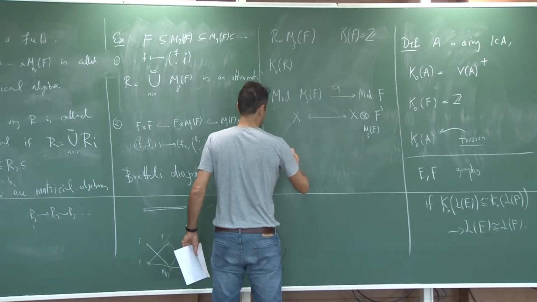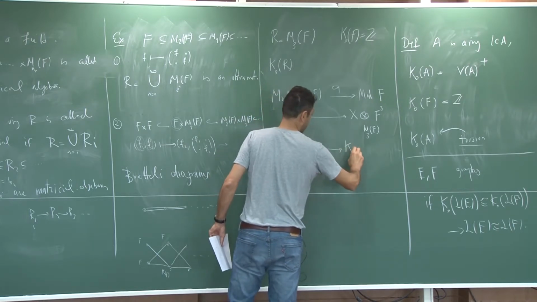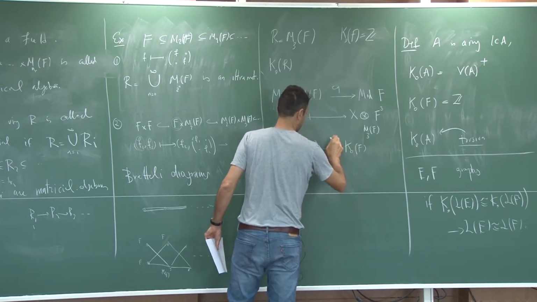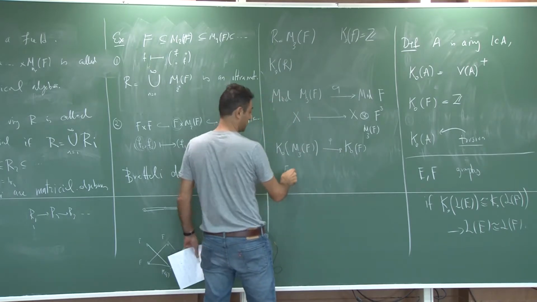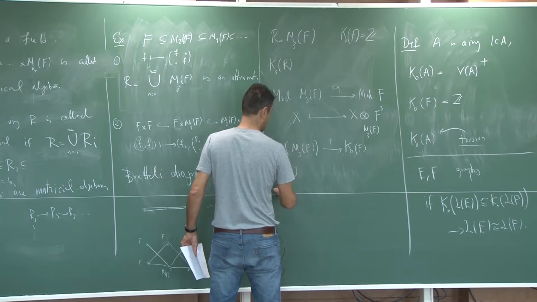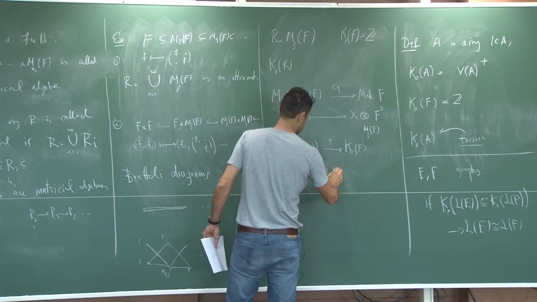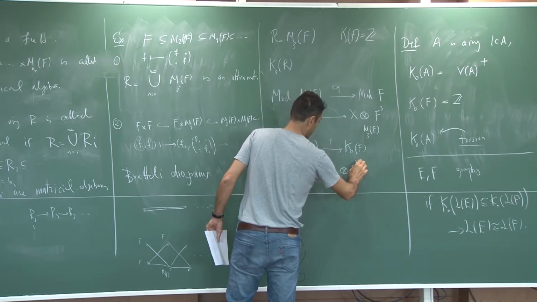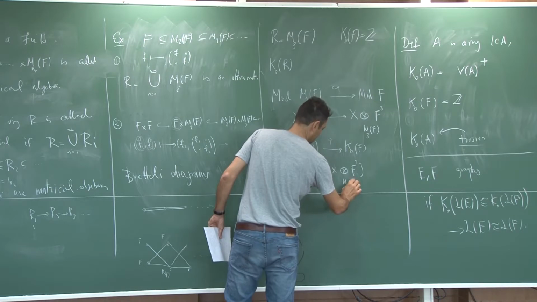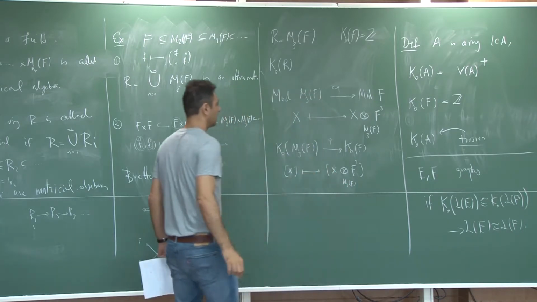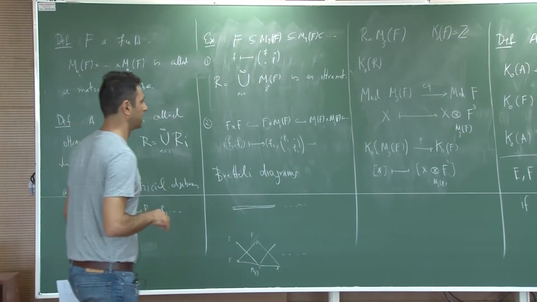Therefore, it immediately tells me that you have an isomorphism at this level, and this is just one generator of this. So if I start with X, I just send it to X tensor F to the power of 3, or 3 copies of F, and that's the isomorphism map.